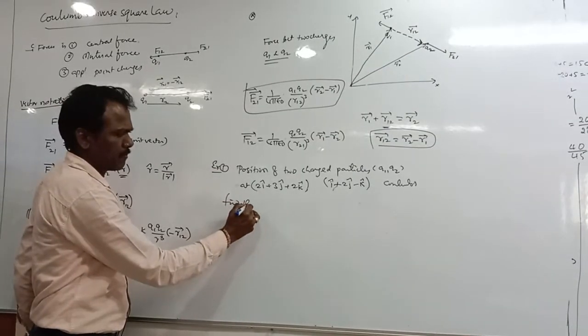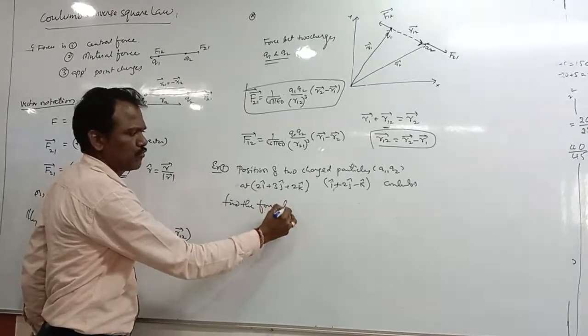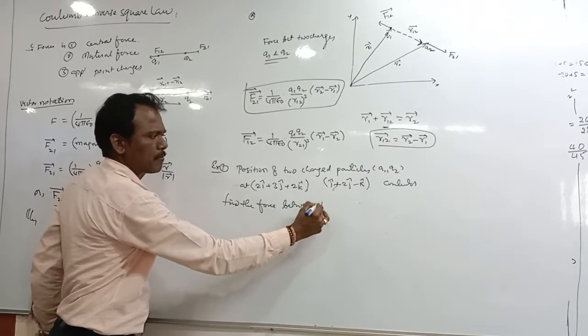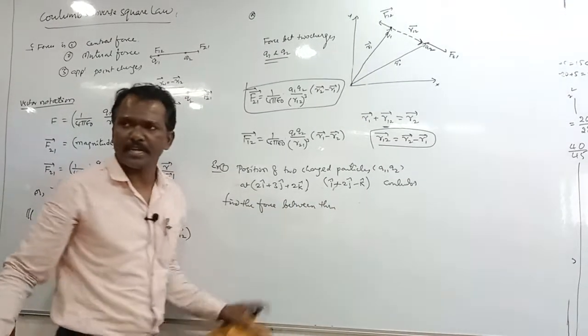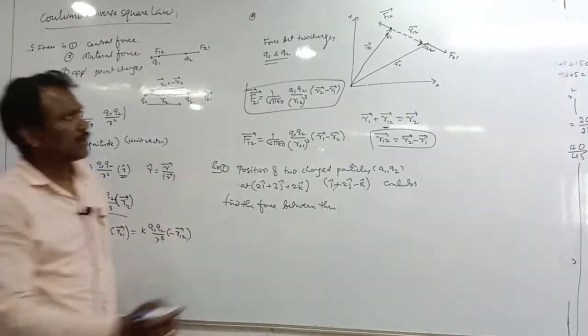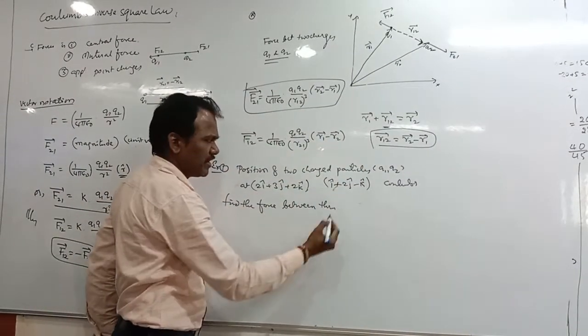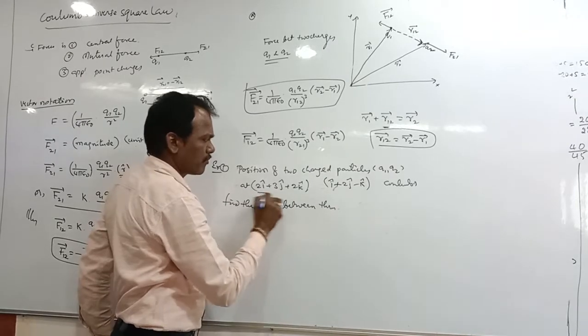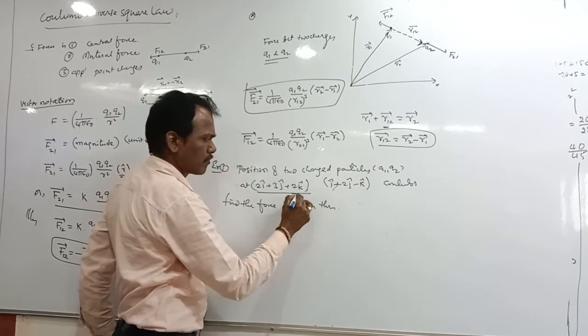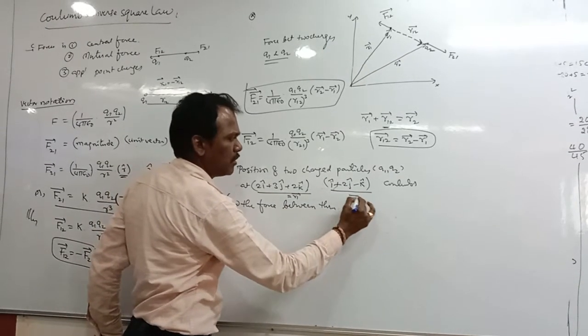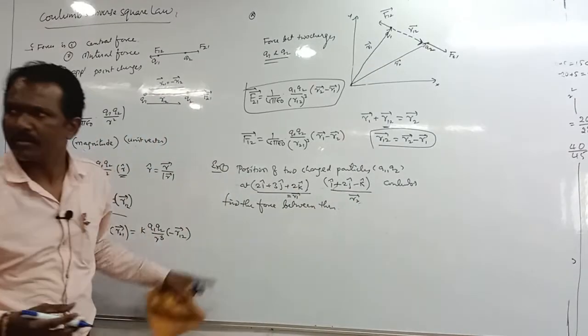Find the force between them, right? These position vectors are given here. It is r1 bar and it is r2 bar, two vectors given, right?